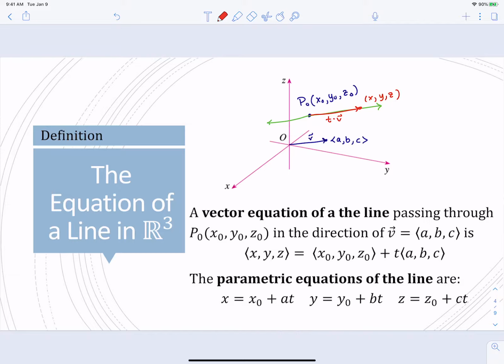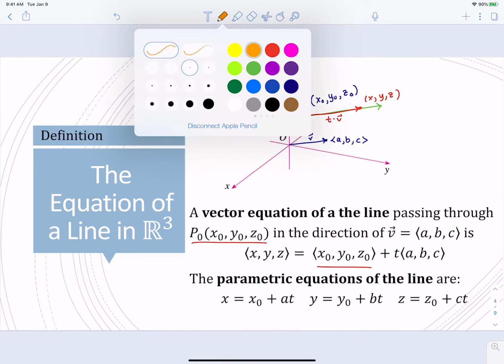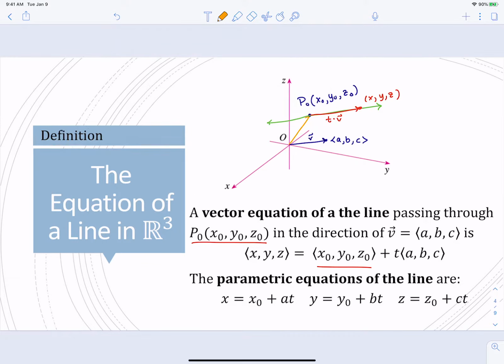So how we're going to look at that is we're going to make that point we have a position vector. We can do that really easily. Its position is x sub 0, y sub 0, z sub 0. So we can go from the origin to that point and make a vector out of that.